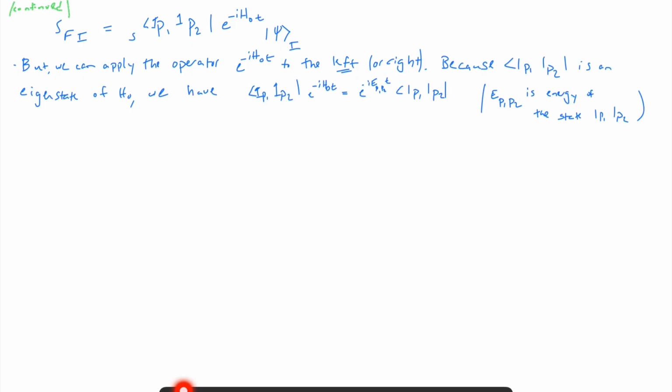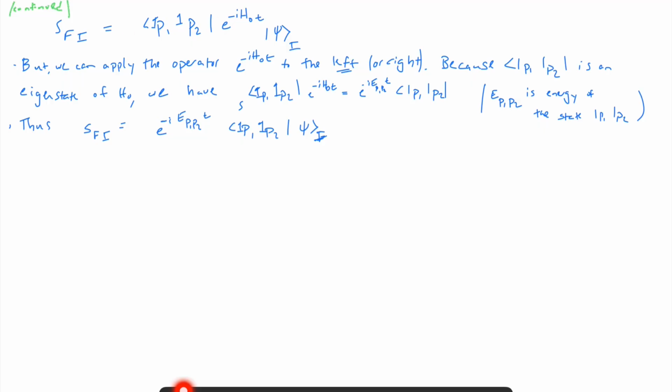So let's apply it to the left. This is an eigenstate, so we get the same state back, p1, p2, but now H naught is converted into the energy of this state, E_p1,p2. So that's e to the minus i E_p1,p2 t, which is just a number, in that same bra.